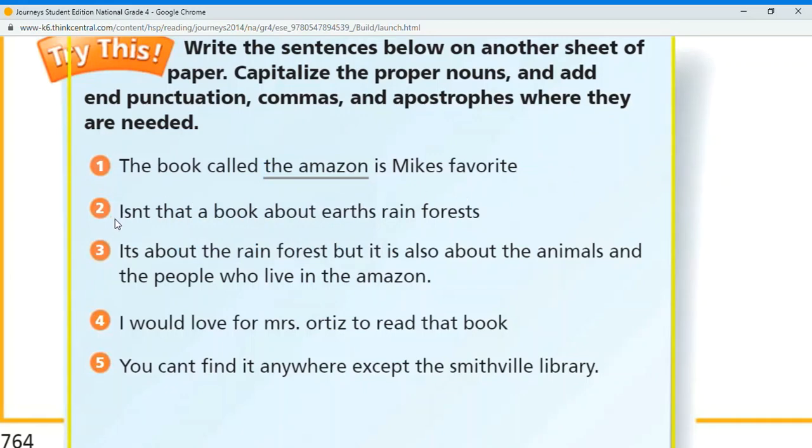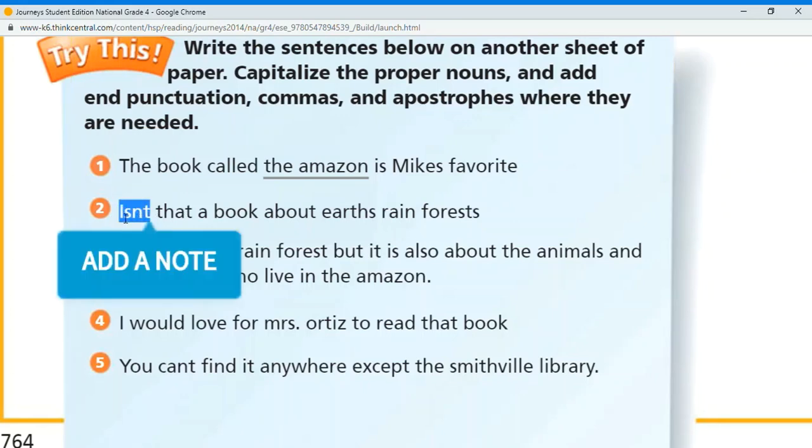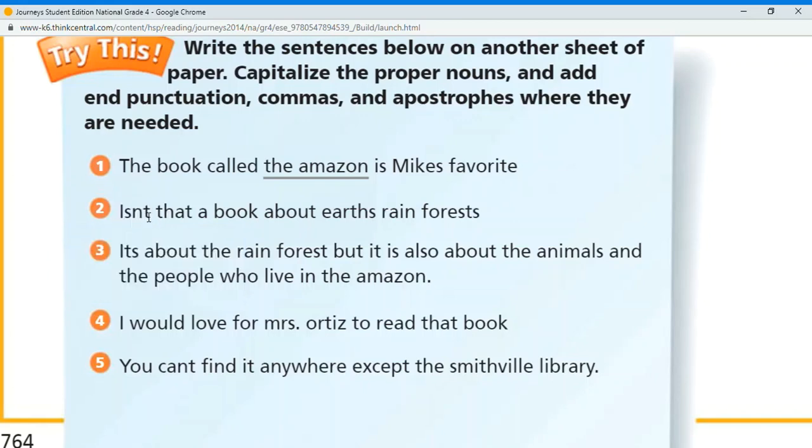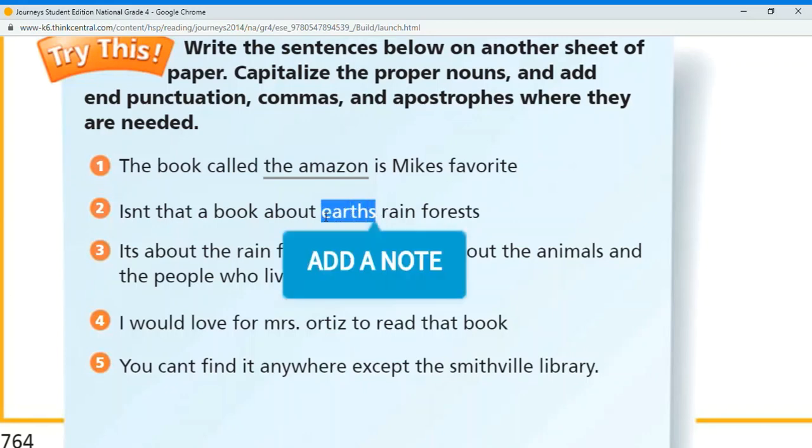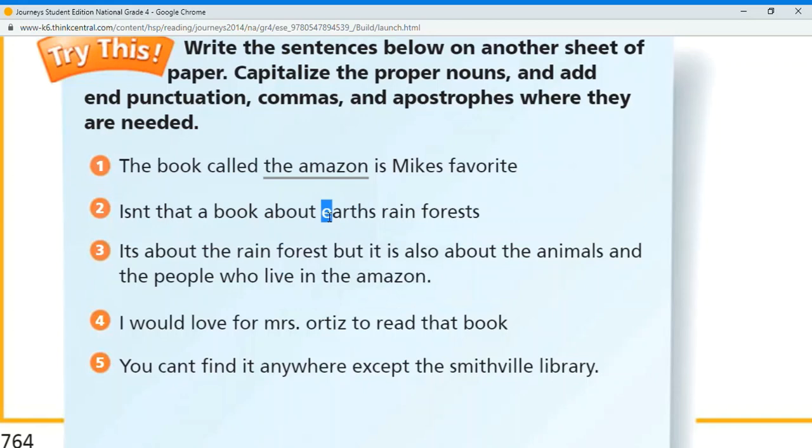The second one, guys, isn't that a book about Earth's rainforests? So here we have isn't instead of saying is not. Okay, so here we must add an apostrophe because it's a contraction. That's a book about Earth. Earth here must be capitalized, the E, okay? And at the end of this sentence, the kind of the sentence is interrogative. It's a question, so we need to add a question mark.